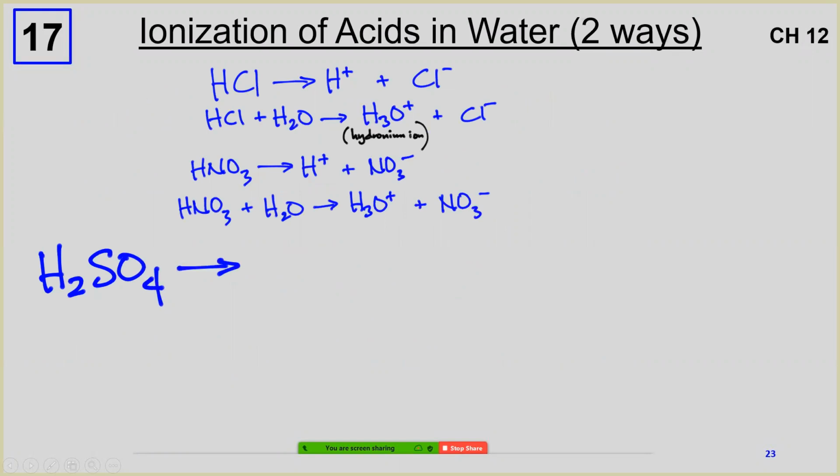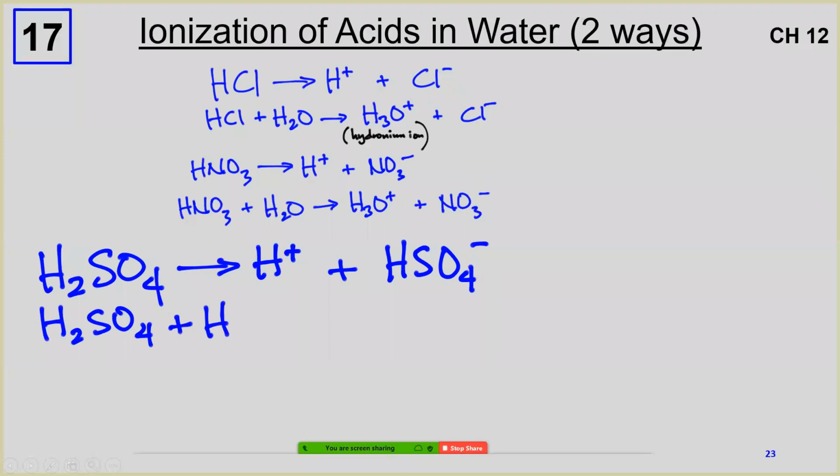H2SO4 will generate a hydrogen ion and HSO4 with a negative charge. Okay. And then the other way is to include water again, H2O. And this will turn into H3O plus and HSO4 minus.